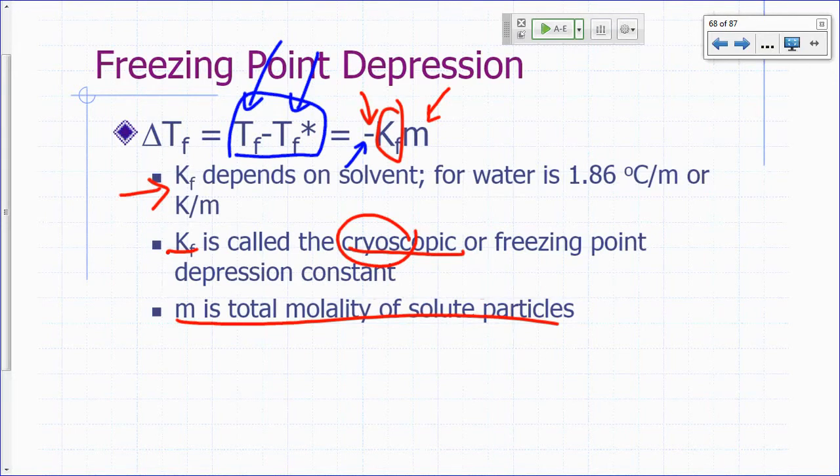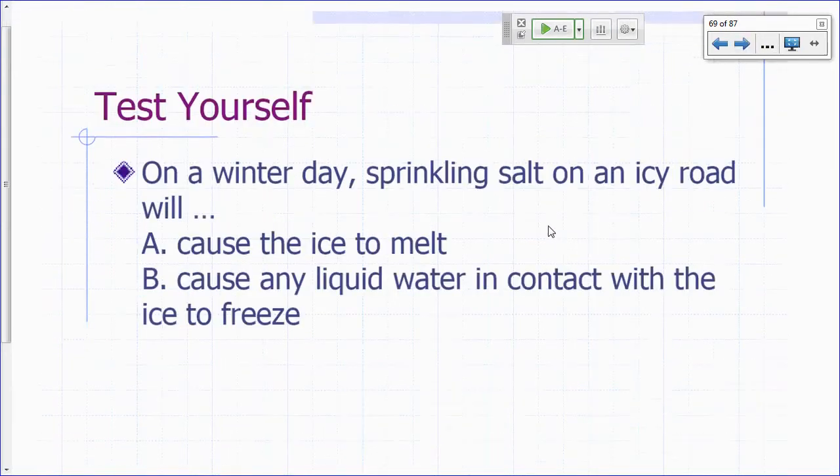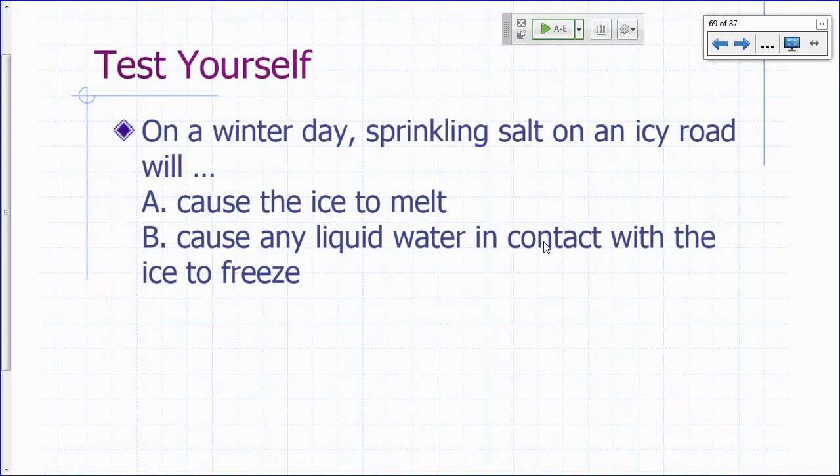Okay, so let's see. Here's a clicker question. On a winter day, sprinkling salt on an icy road will: A, cause the ice to melt; B, cause any liquid water in contact with the ice to freeze. What happens when the freezing point is lowered?